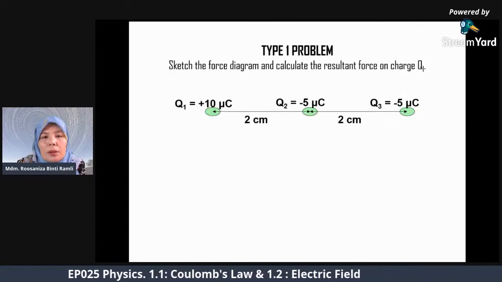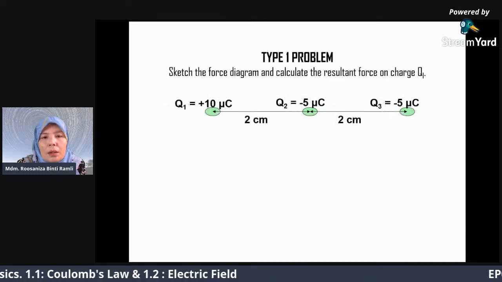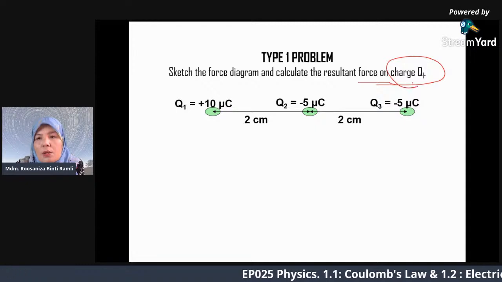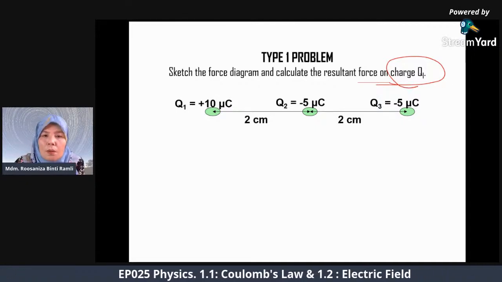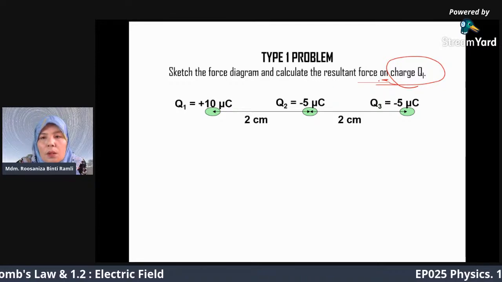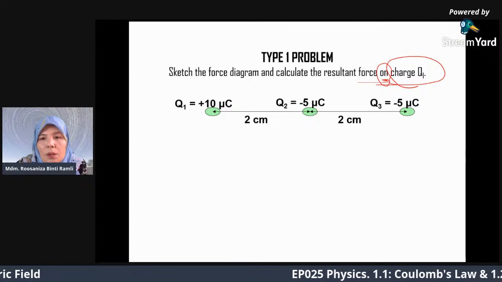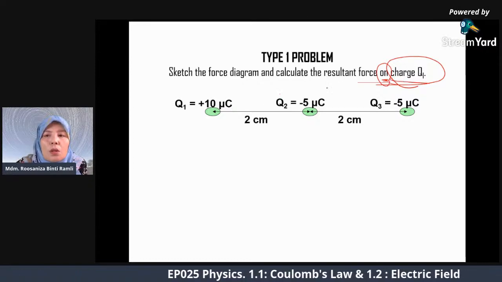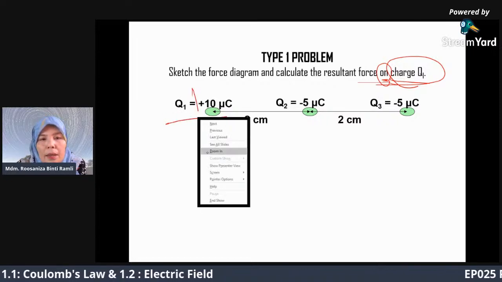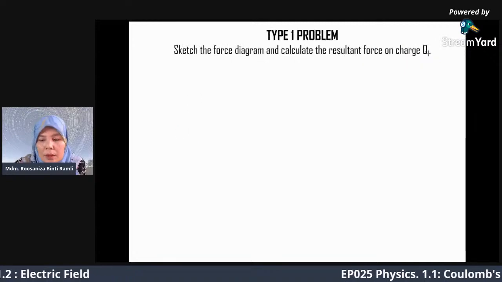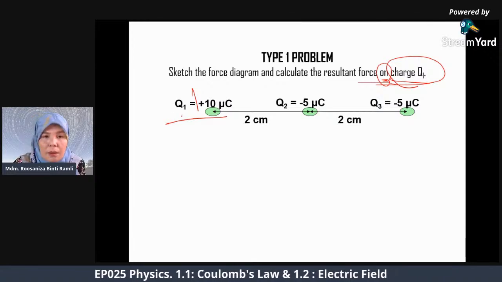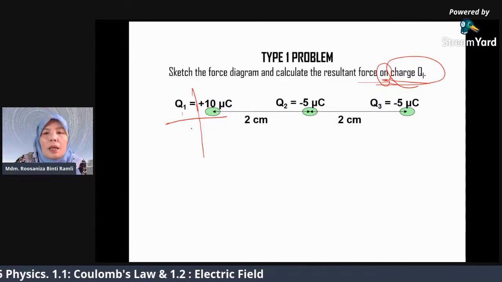Again, students must know how to draw the direction of the force. Let me show you again. First you read the question and you find the word on. So on Q1, you have to draw the axis on Q1. Then how to find the direction?